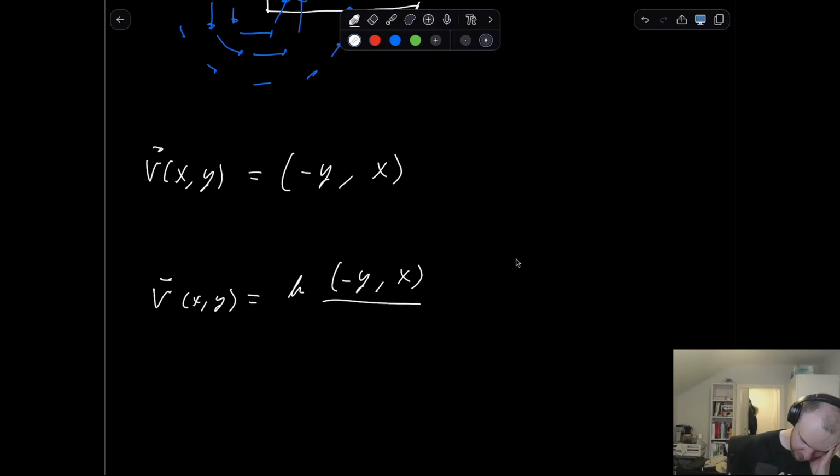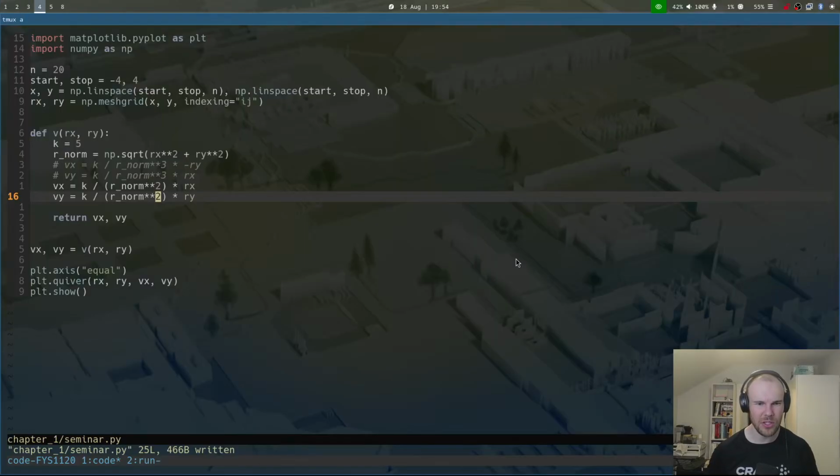Then I could divide it by the distance, because when it goes radially, we want it to weaken. And of course I could just do the r squared. We are very used to the r squared formula, so why not? That works. I think you can do some exponential as well, but that works.